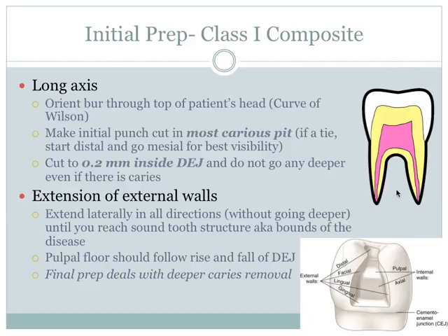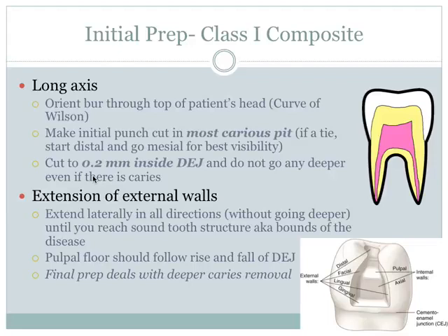You make your initial punch cut in the most carious pit. So if you're talking between a mesial or a distal pit, you would start where the caries are most severe. If it's a tie, you can start distally and go mesial. That way you get the best visibility. You're moving towards yourself instead of moving further away.